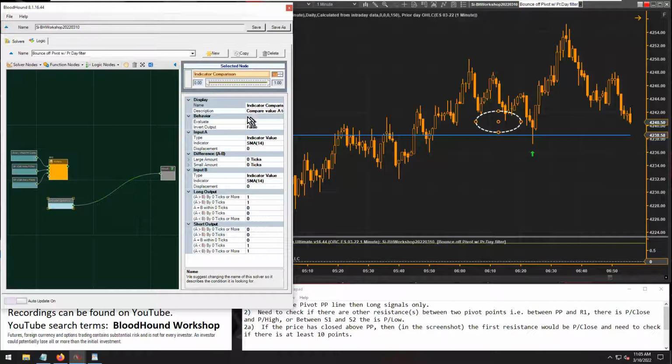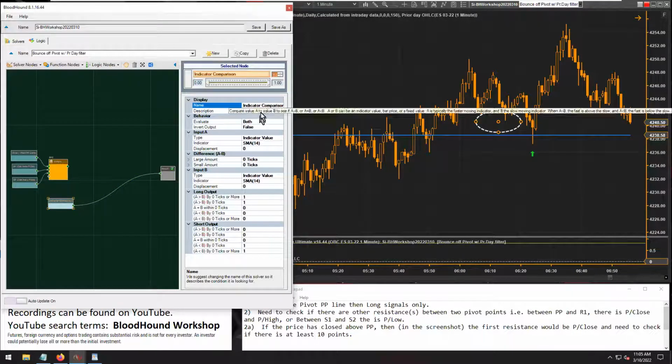So we're going to, I'm just going to build a real simple one. And so I'm just going to compare the closing price of the bar. And I think last week we used either 5 or 6 points here.